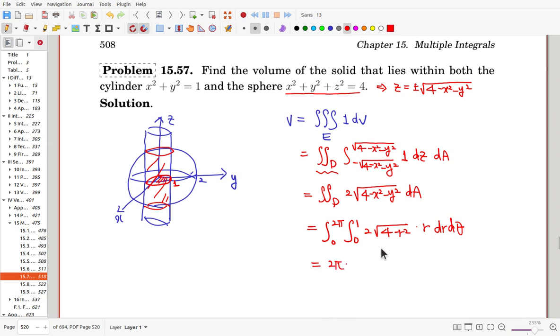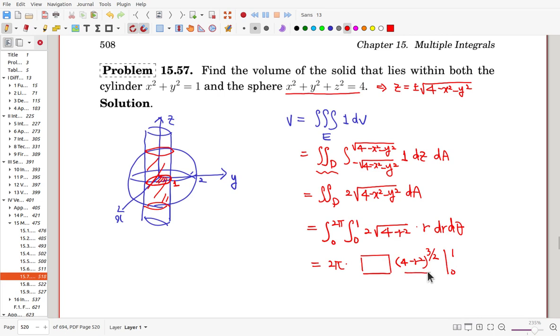Now for this inner integral, the power is one half, so the antiderivative will be 4 minus r squared to the power half plus 1, which is 3 over 2, evaluated from 0 to 1. Now we have to fill in this unknown coefficient.